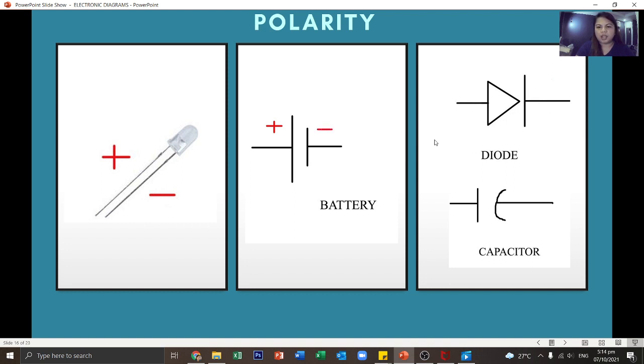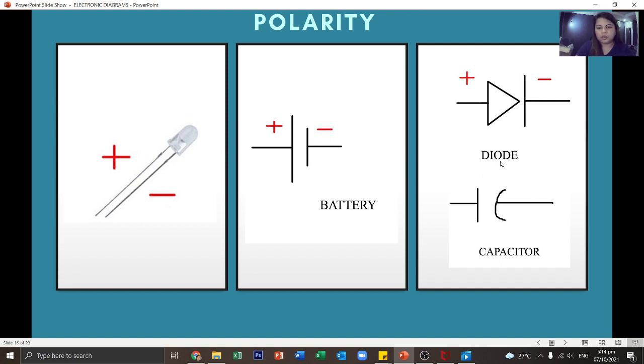How about this diode? A diode has an anode and a cathode. The anode is the positive side, here, the triangle. Then the cathode is the negative, here in the wall. Just like in the video before, it's like an arrow bumping into a wall.